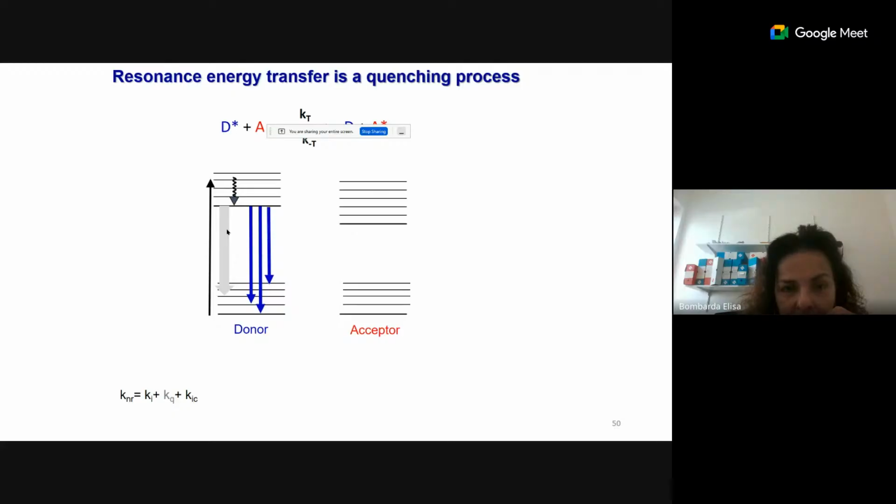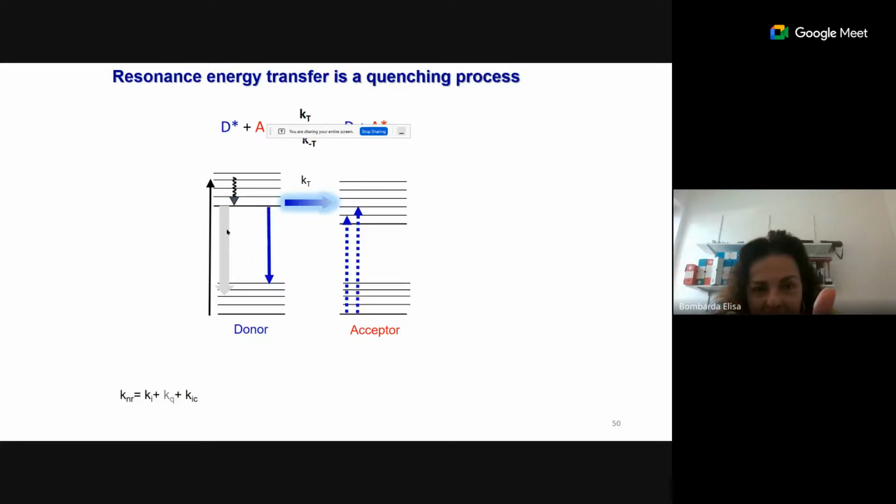When I add the acceptor, the excitation is transferred to the acceptor, which finds itself in the excited state.